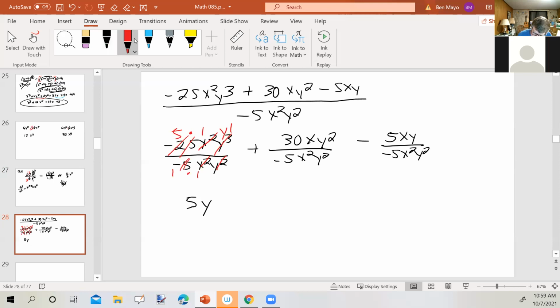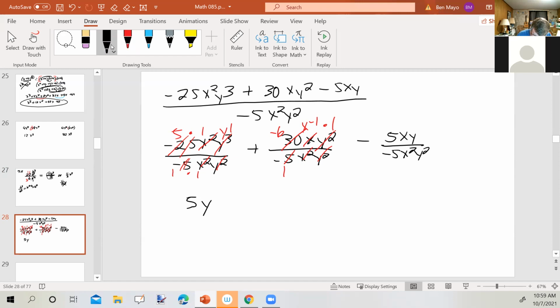Okay. Next term, 30 over -5, -6 over 1. X over x squared, x to the 1 minus 2 power is x to the -1 power. Y squared over y squared, y to the 0 power, or just 1. Okay.